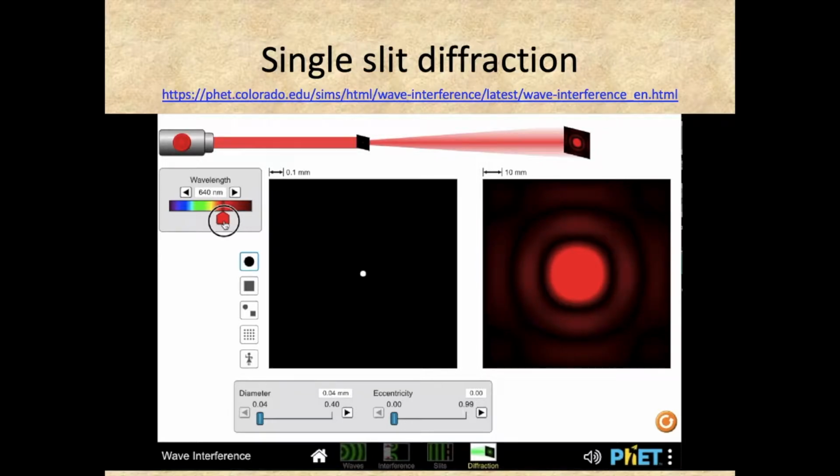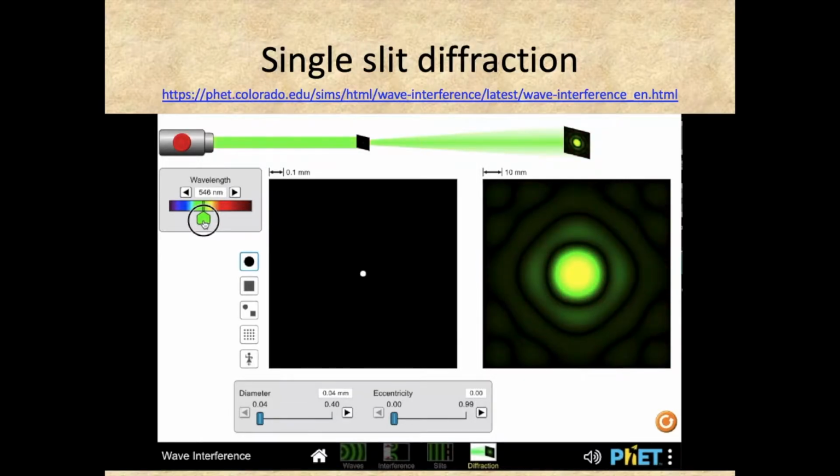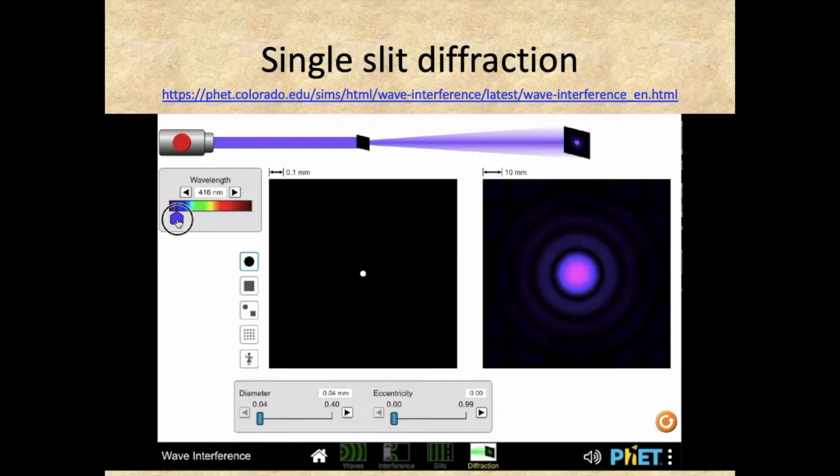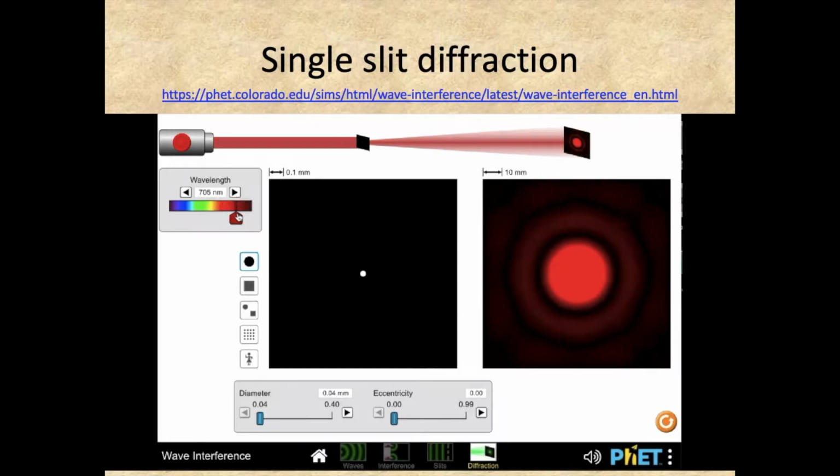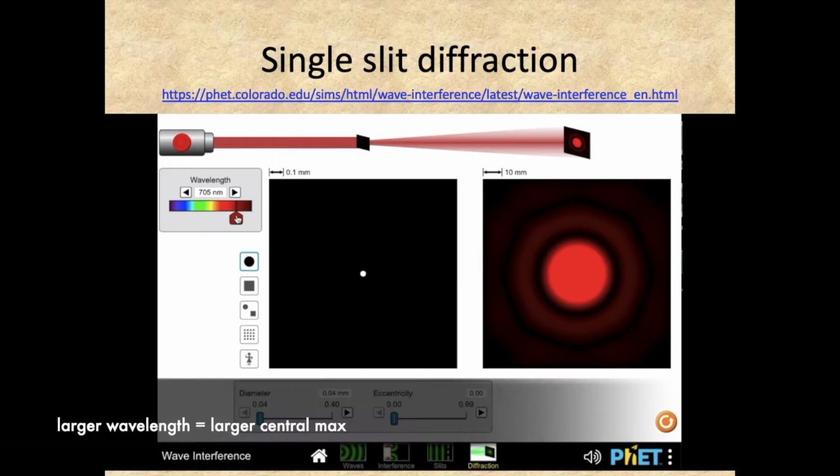Now let's see what happens when I decrease the wavelength. Please observe that at low wavelength, there is a smaller central bright. At long wavelength, like red right now, there is a larger central bright maximum.